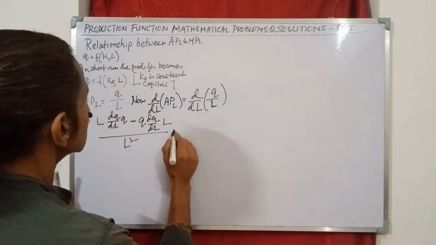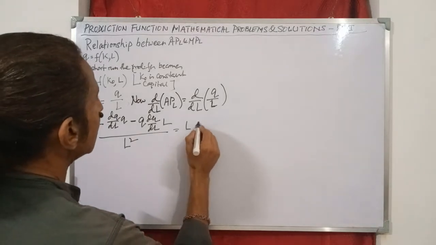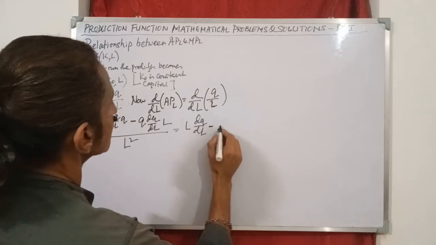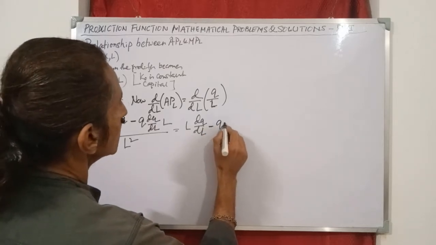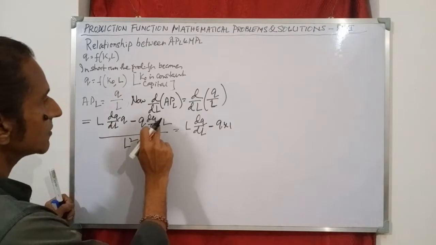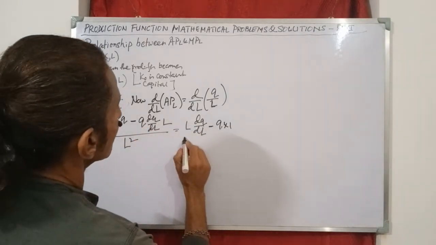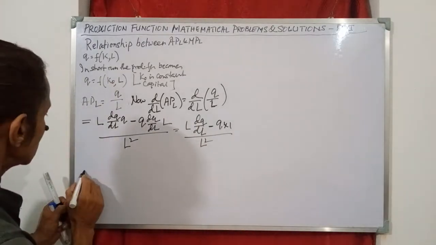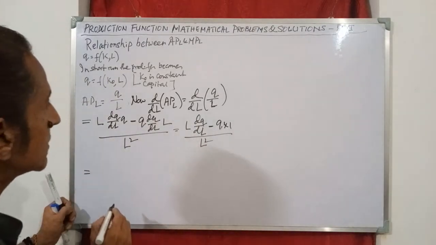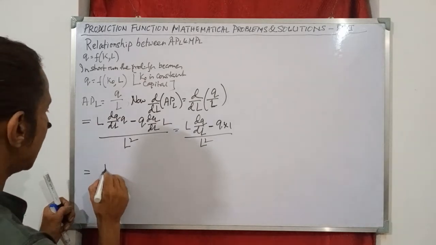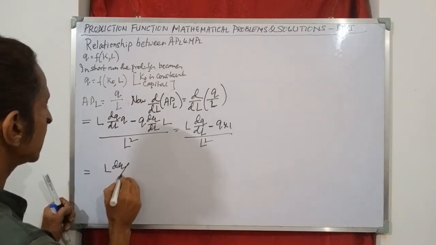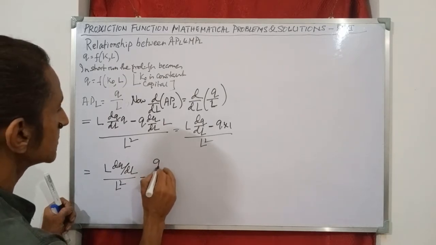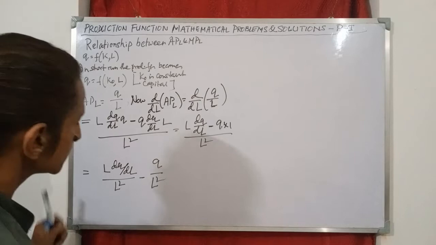So this is L dQ/dL minus Q into 1, since dL/dL is 1, divided by L square. So this becomes L dQ/dL divided by L square minus Q by L square.